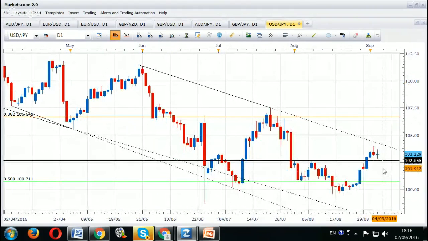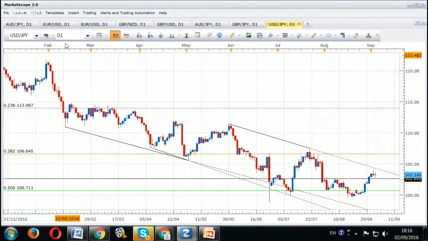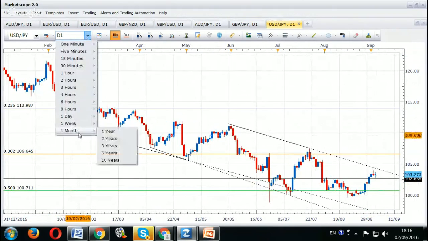The probability is that the pair would close above 102.65, and that should keep the hopes of a spike to 104.13 alive. Once the falling trend line resistance is breached, it would mark a sort of major trend reversal.